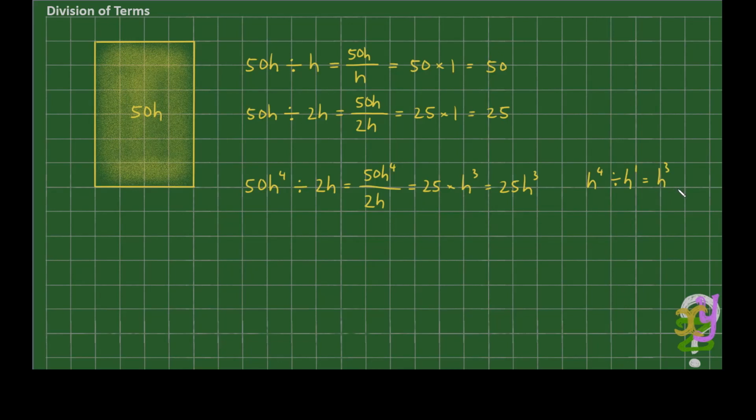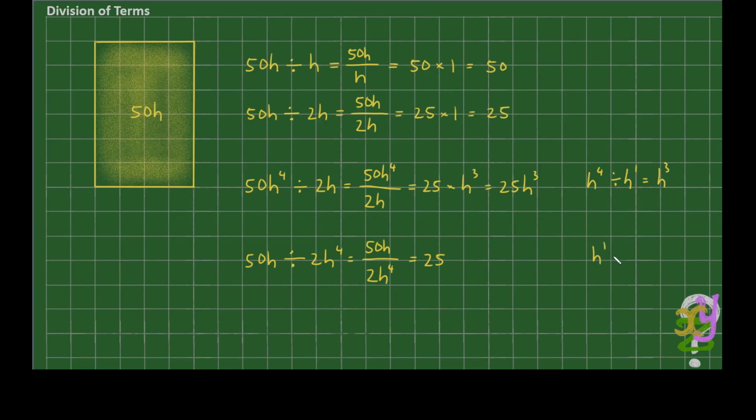What if it is slightly different? I might have 50h, and that will be divided by 2h to the power of 4. As always, I'm going to write it as a fraction. So in this case, 50h over 2h to the power of 4. Dealing with the numbers first, 50 divided by 2 is 25. What is h divided by h to the power of 4?